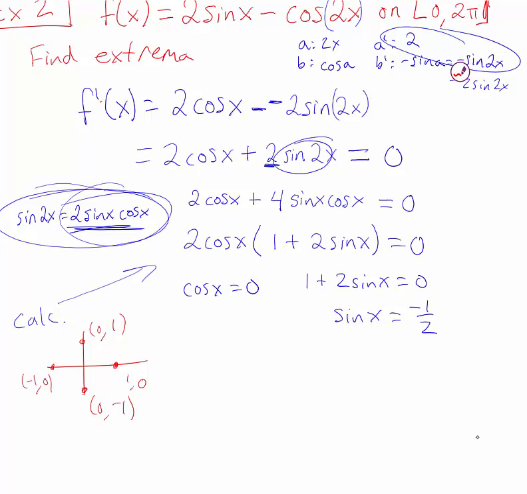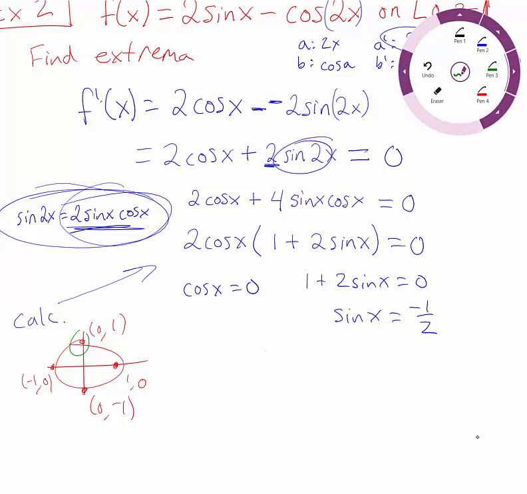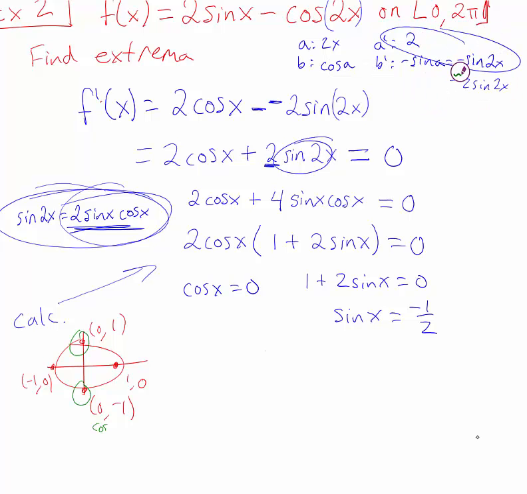And these 2 points are where cosine is equal to 0, and that was at pi over 2 and 3 pi over 2. So here x equals pi over 2, or 3 pi over 2.